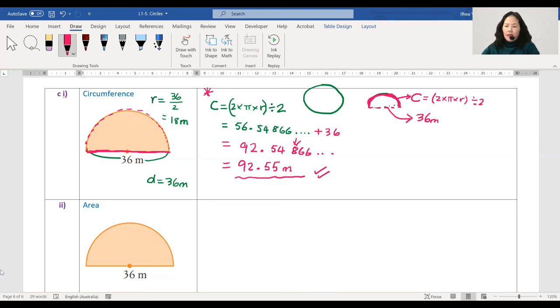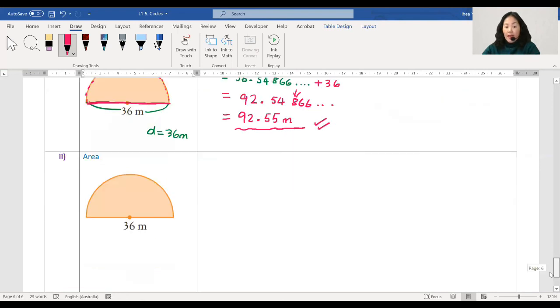Now the area, we don't have to worry about the area part, because for area you just use the formula, but you have to halve the area. So area equals pi r squared, and r was 18 meters.